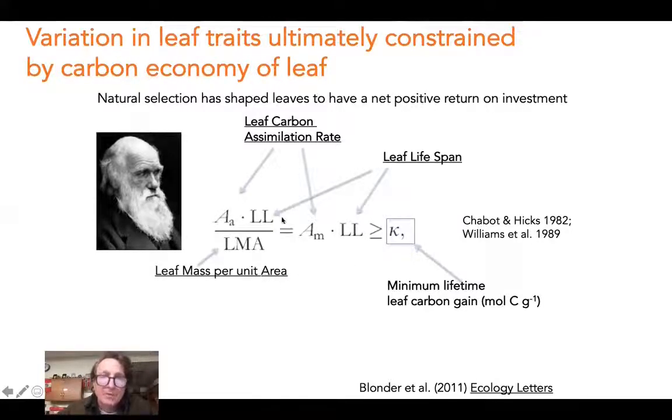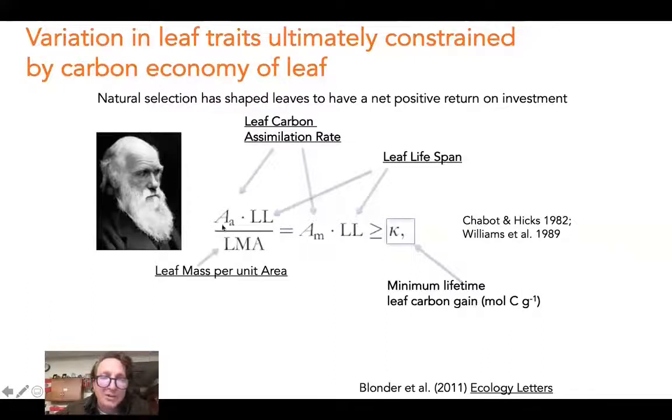If we think of the total amount of carbon gain of a given leaf in its lifetime, the total carbon gain of a leaf can be approximated as being equal to this equation. That is, it's the photosynthetic rate of a leaf times how long it lives. Remember, the photosynthetic rate is the rate at which carbon is being assimilated, times the total length of time the plant is photosynthesizing, so how long it lives. But to make this dimensionally correct, this has to be divided by how much mass per unit area that leaf is.